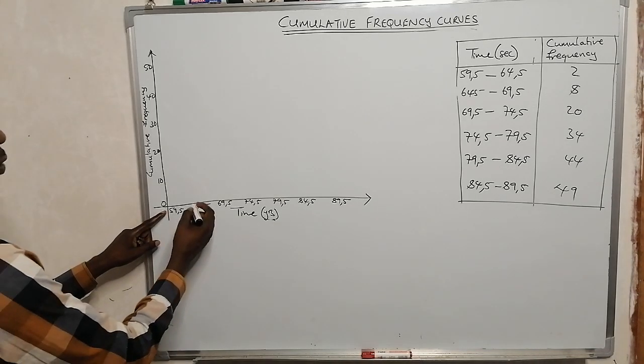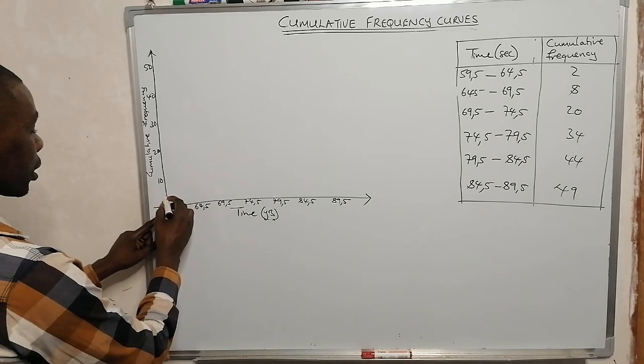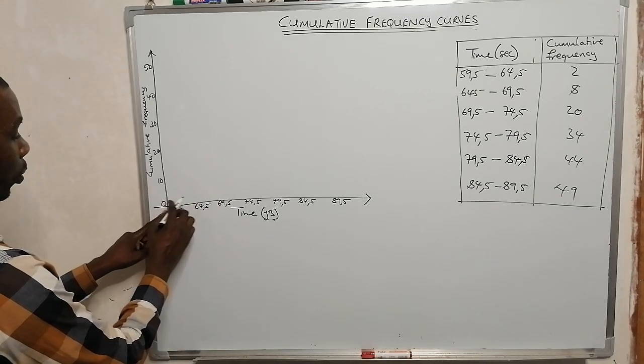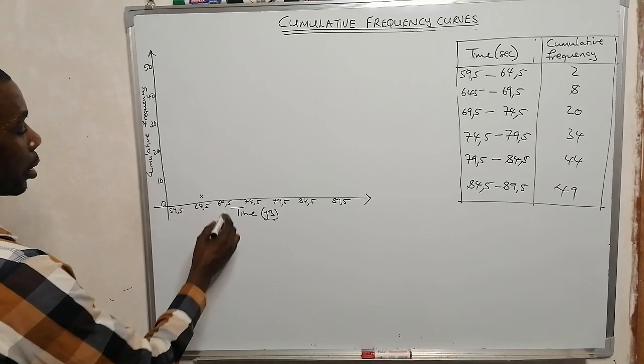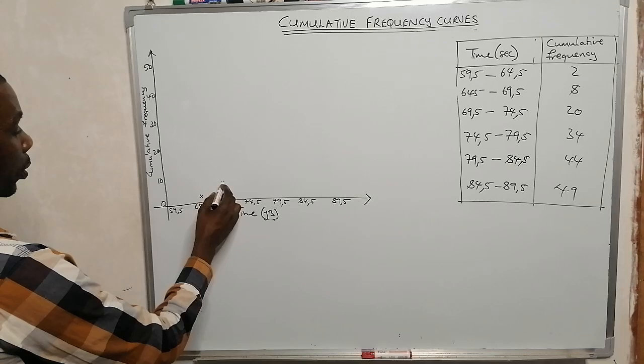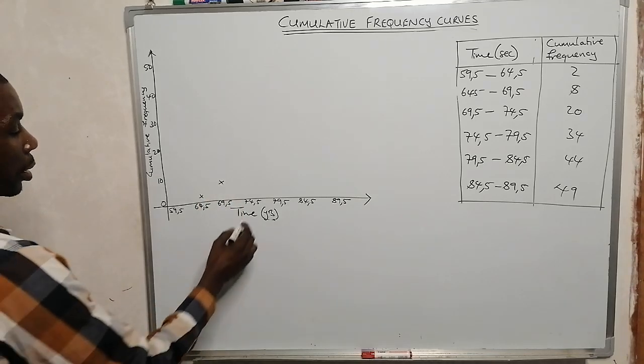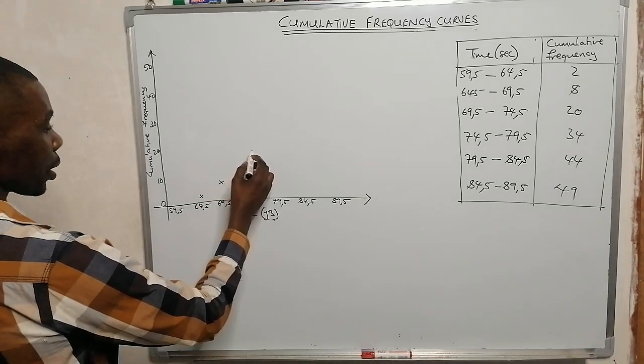Then to 64.5 we have 2 units. Remember, you are going to count 2 boxes here. That's your 2 units. Then 8, we are going to count 8 boxes here. 20, we are going straight to 20.